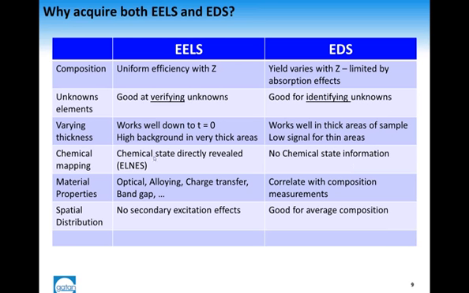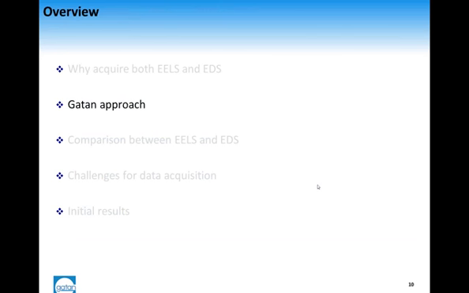But in EELS, we can also get additional information: optical information, alloy, charge transfer, band gap, conduction, plasmonic, etc. Basically, we can fully characterize the material and get every type of information possible out of it. In the case of EDS, a lot of information can be correlated only by looking at the composition. So it's an indirect way of getting compositional and chemical information about the material.